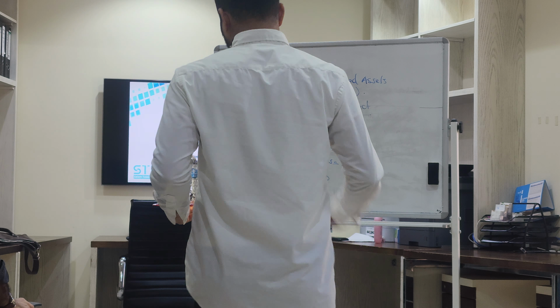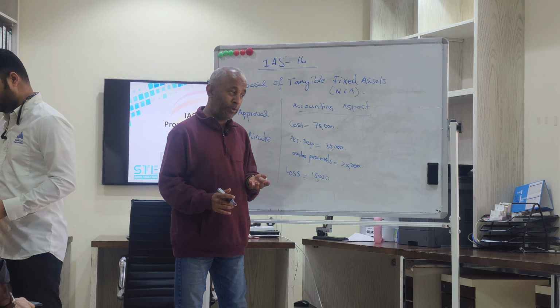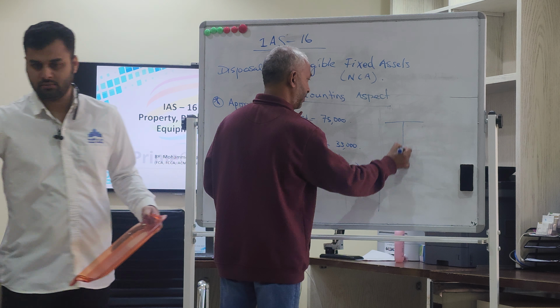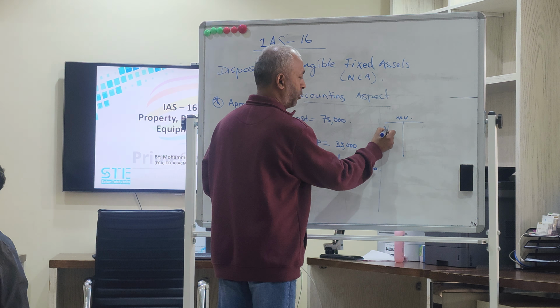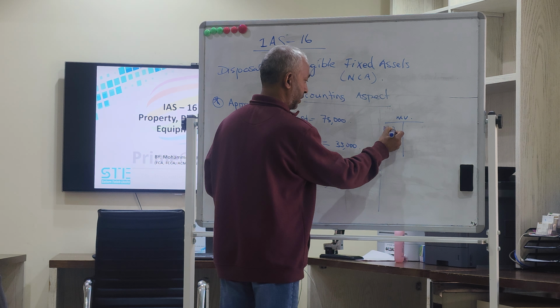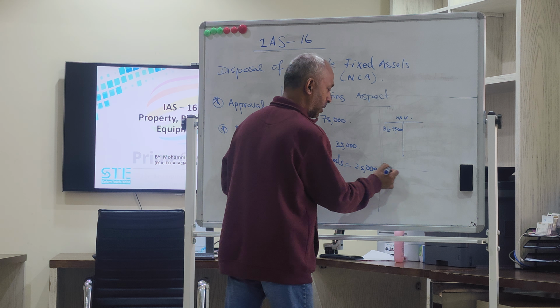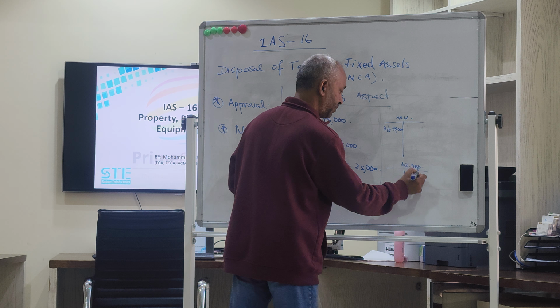Yeah. So now we need to put this into the frame of double entry. How do we do this? I have the motor vehicle account. The cost of the motor vehicle is 75,000. And I also have accumulated depreciation.